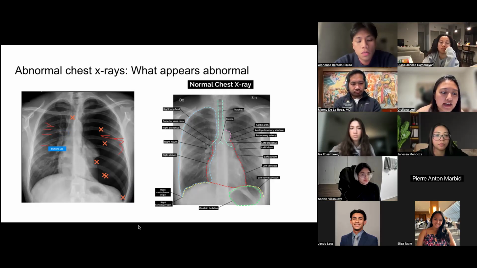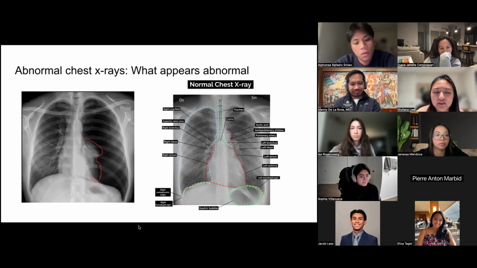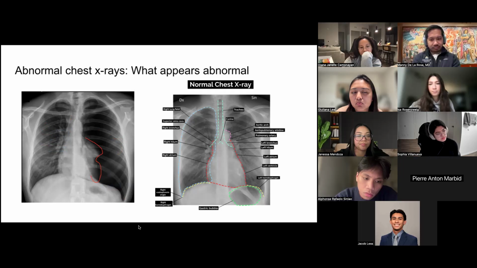And now that we're looking at it, we can also see that there is something happening right here. Does anyone want to call out what they think that is? Like a collapsed lung. Exactly.